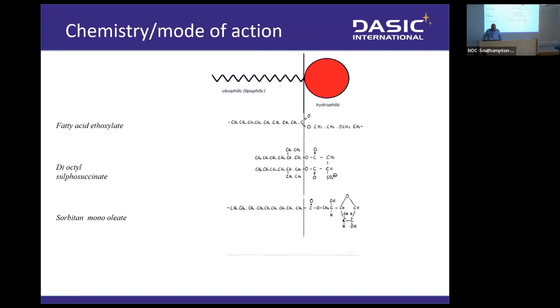And just to show you the standard picture of a surfactant, one end, the red end, is the hydrophilic, water-soluble portion. The tail end is the hydrophobic, oleophilic end, standard surfactant molecule. And that just shows how those diagrams of those surfactants are split up.